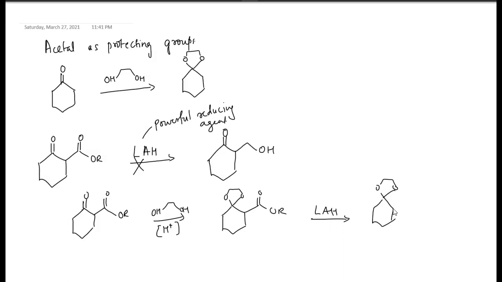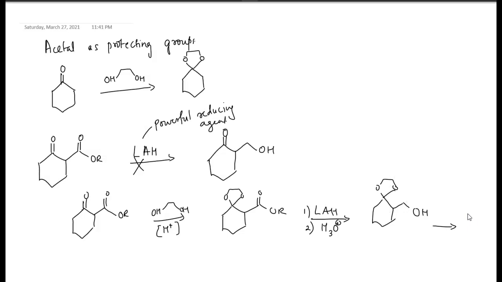And then you can just end up with the formation of an alcohol at this step. Remember that esters can convert into primary alcohols. Once you do that, you can then treat it with H3O plus, and this will actually take care of this one too.